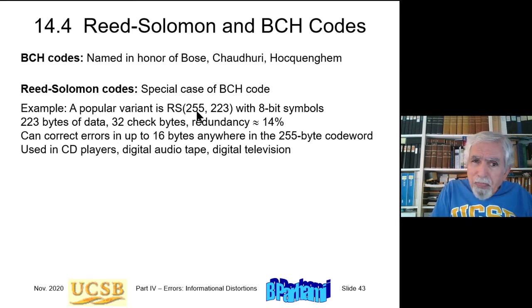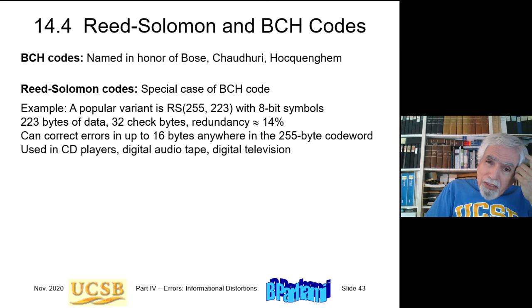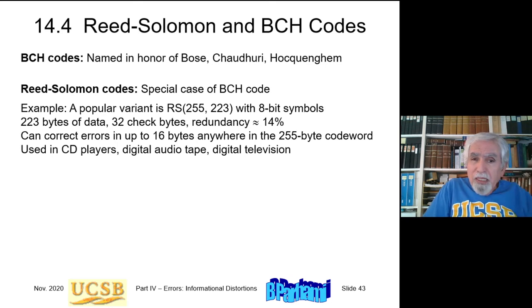And this can correct errors in up to 16 bytes anywhere in the code. This is a very strong correction capability. Any 16 bytes, they don't have to be consecutive, in other words, not just burst errors, anywhere. Any 16 bytes that are erroneous can be corrected.